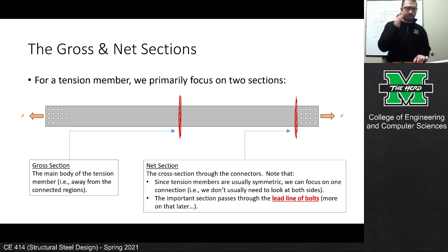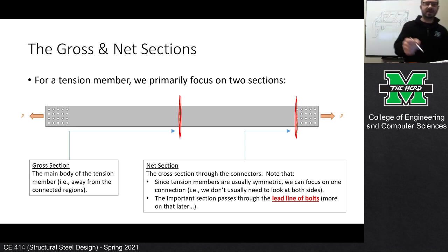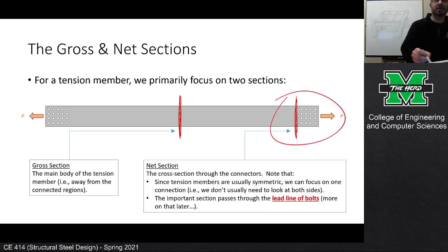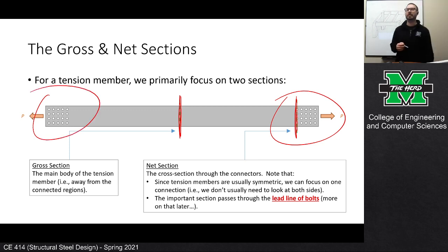Now, for the net section, and this is something I actually typically don't put in my slides. This is some sort of new material, but because we're doing this virtually, I want to make sure that everybody's on the same page. So number one, tension members are usually symmetric, right? They tend to look the same over here as they do over here, okay?